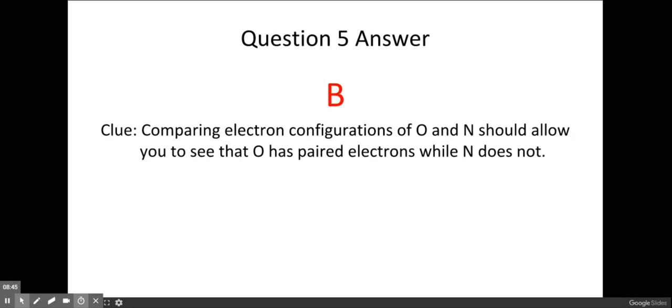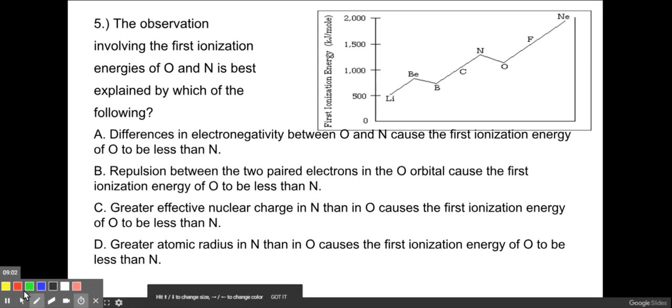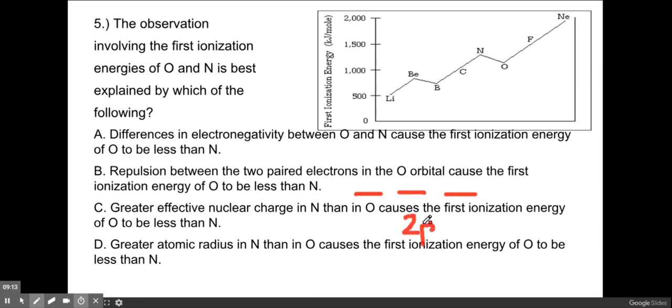Comparing electron configurations of oxygen and nitrogen should allow you to see that oxygen has paired electrons while nitrogen does not. So what does that mean? Well, let's look at B, repulsion between the 2 paired electrons in the oxygen orbital. Well, what they're really talking about here, and pardon my drawing, this is not going to be lovely, is the 2p sublevel for oxygen and nitrogen.